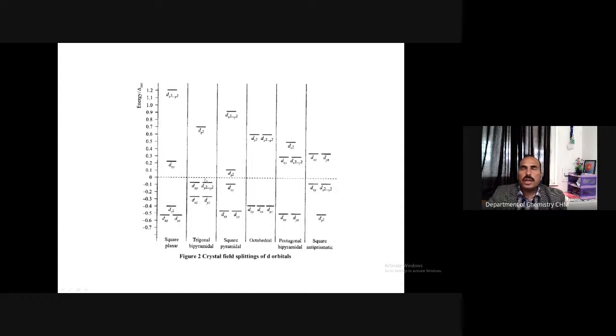Okay, so please try to correlate the geometry with the d orbital splitting. You don't have to just mug up, or do rote learning, that this is what the splitting looks like. Try to imagine what the geometry is. Try to imagine the shape of the 5 d orbitals, and I am sure that after this explanation, if you seriously go through it, you will be able to make your own diagrams correctly.